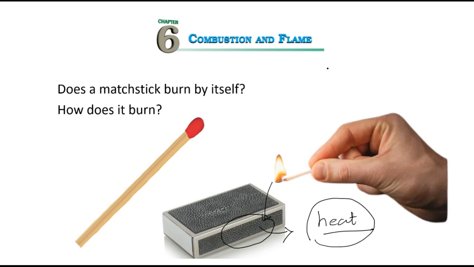Already we have seen we require oxygen, and the second point is we require temperature to burn. And how do we get this temperature? We rub this over a surface, and because of friction, temperature rises.